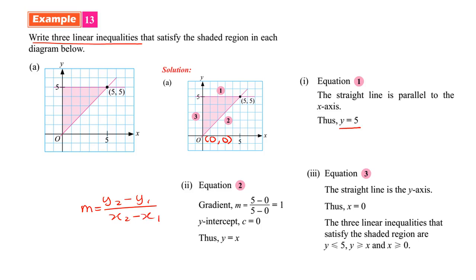So 5 minus 0 over 5 minus 0, and we get the gradient equals 1. And the y-intercept is 0. So the equation is y equals x.